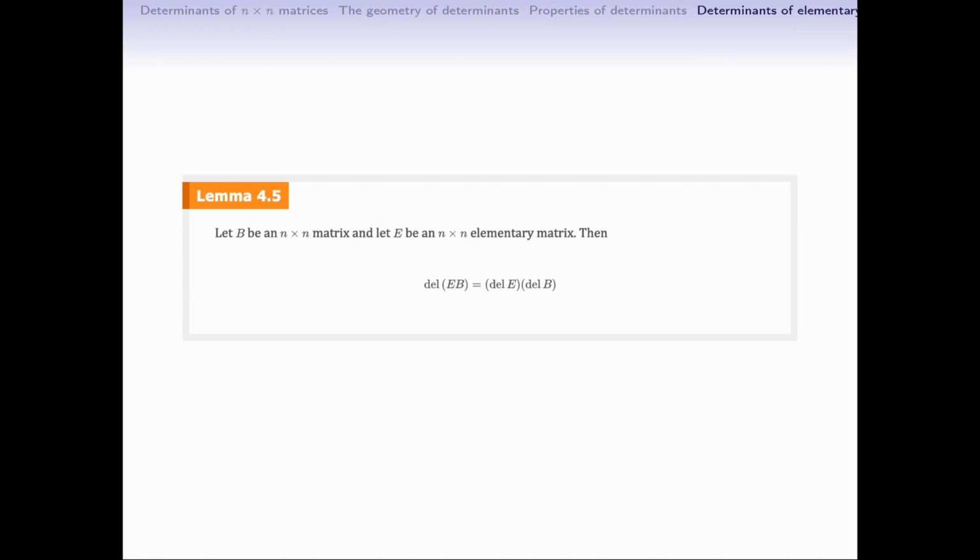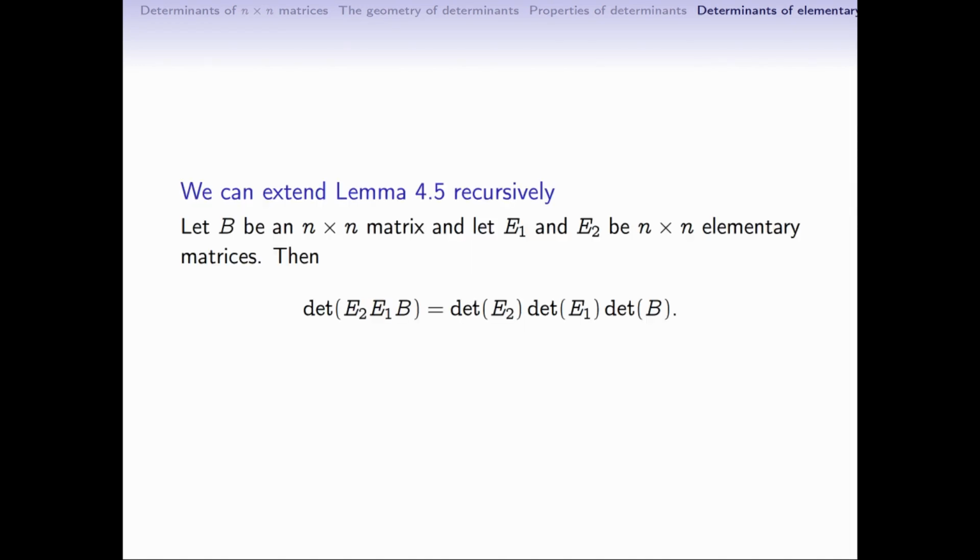Now we can easily extend lemma 4.5 recursively. So for example, let B be an n by n matrix, and let E1 and E2 be n by n elementary matrices. Then by doing two successive applications of lemma 4.5, we would know that the determinant of E2 times E1 times B is the determinant of E2 times the determinant of E1 times the determinant of B.